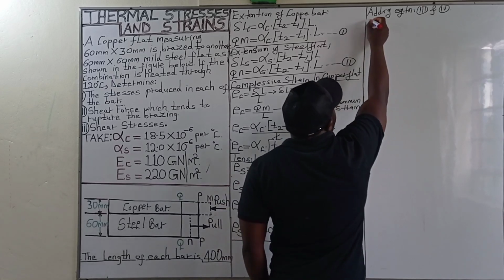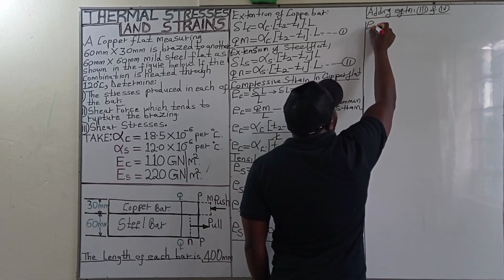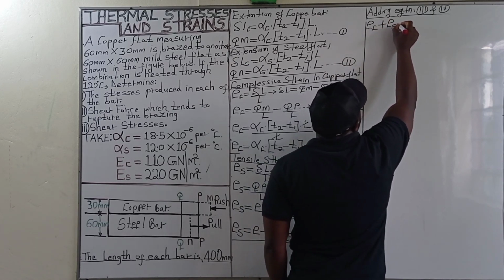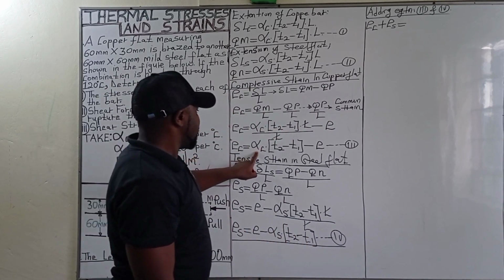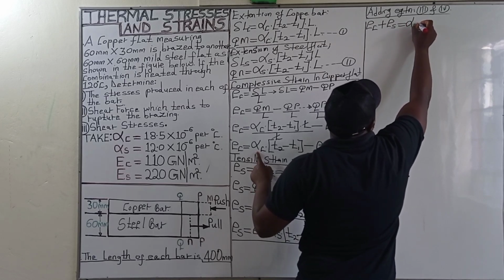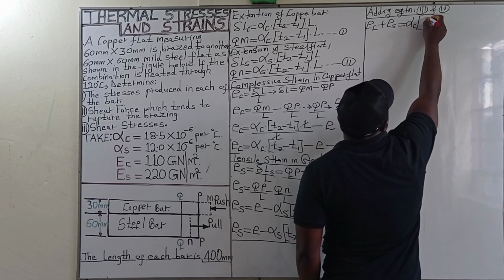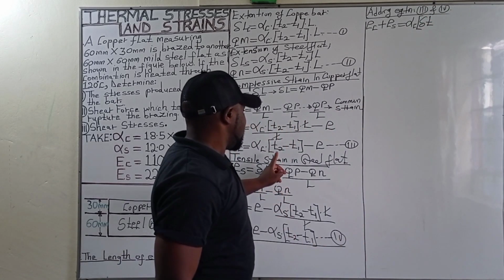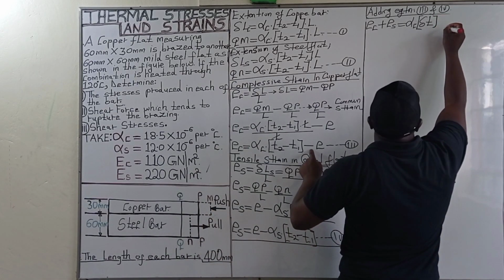Therefore, we are going to have this: compressive strain in copper plus tensile strain in steel is equals to, here we have the coefficient of linear expansion of copper multiplied by the change in temperature. Let me write it as a change in T, that is T2 minus T1 minus E.